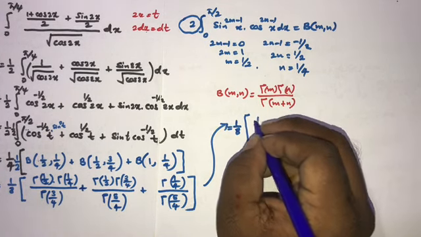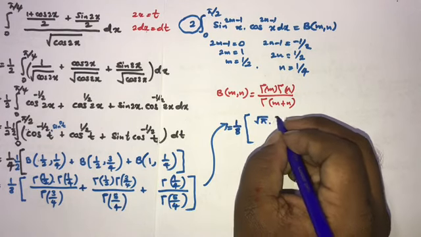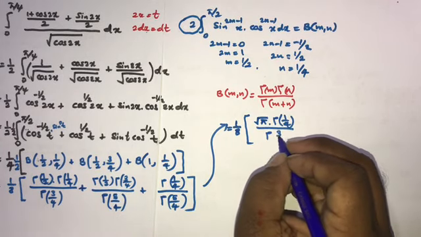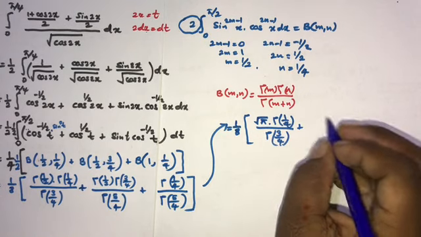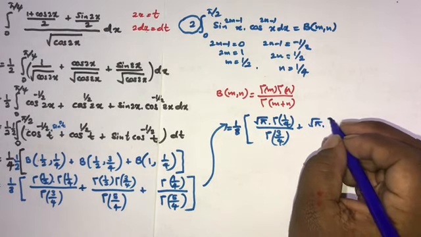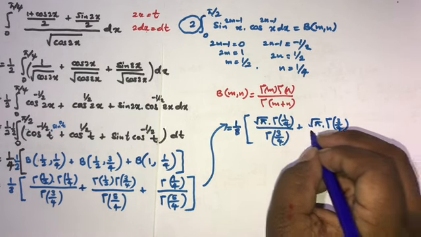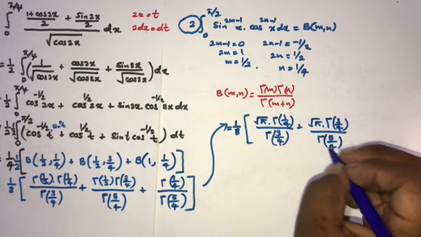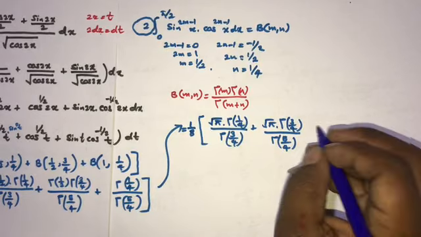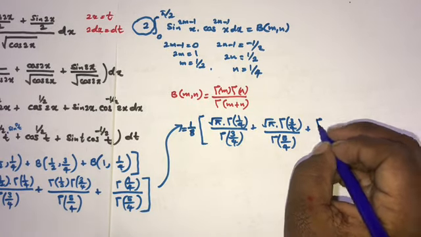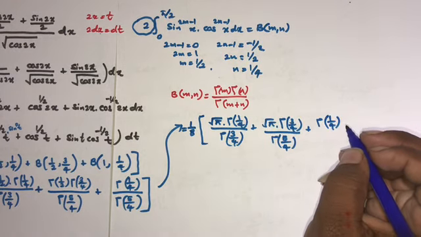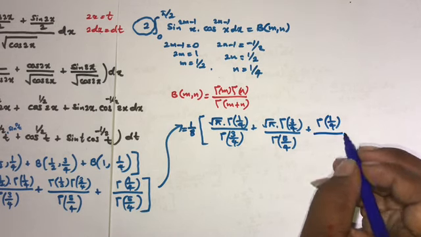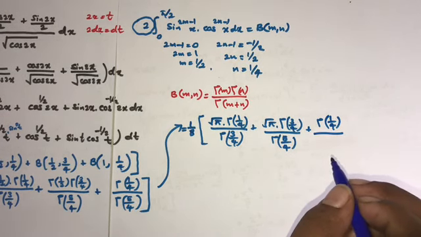So here square root of pi times gamma of 1 over 4 over gamma of 3 over 4, plus again square root of pi times gamma of 3 over 4 over gamma of 5 over 4, plus here gamma of 1 over 4 and here gamma of 5 over 4.